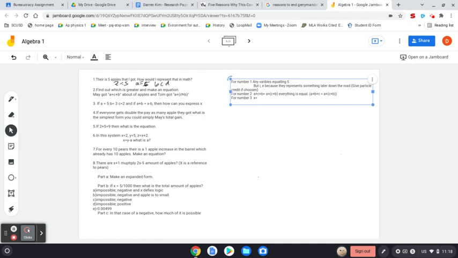Hear me out: to other people these might be wrong because they're not simplified enough. Fair enough, but I only asked for express. So x equals A plus 2B, perfectly fine.